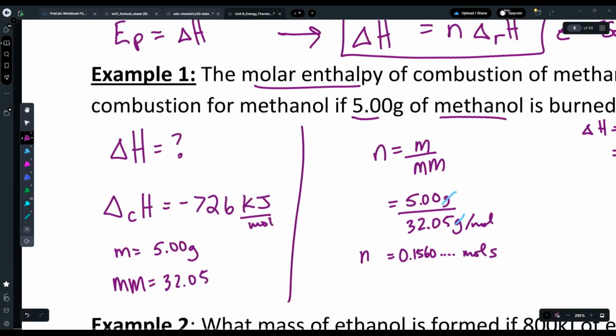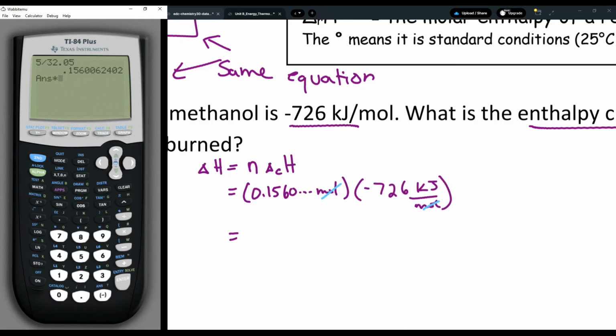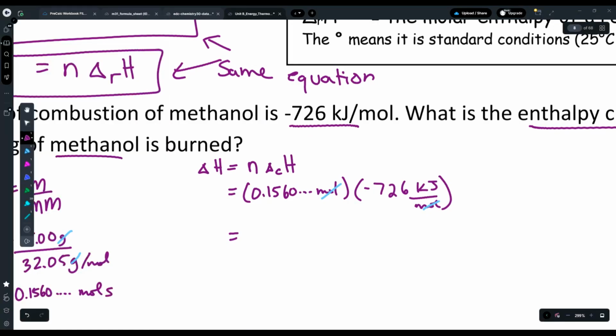And for our molar enthalpy, that was negative 726 kilojoules per mole. Moles is in the top and the bottom, so they cancel out. So let's times these together. I'm taking that raw number, timesing it by negative 726, and we get 113.2605.